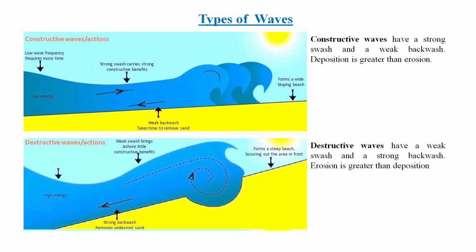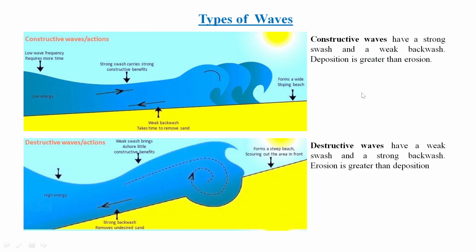Talking about the types of waves, broadly there are two kinds of waves, constructive ones and destructive ones. If I take the example of the Indian peninsula, along the eastern coast, that is on the Bay of Bengal side, the waves are generally destructive in nature, apart from a few regions.